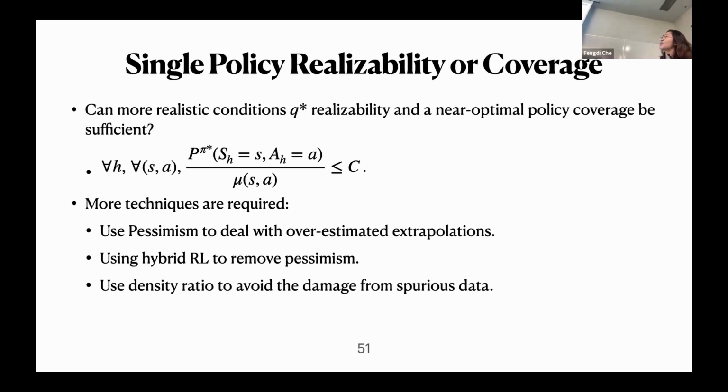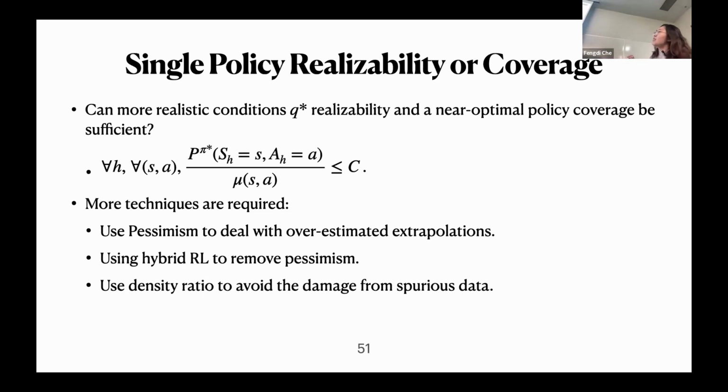And people try to do hybrid RL. They have a qualified offline data set in advance, and then they allow the agent to do some online exploration. Like the data set is of size N, then they ask the agent to collect another N interactions online. By combining these two, people prove that yes, we can actually remove pessimism and have a good result under Q-star realizability, near optimal policy coverage, plus some other conditions here.